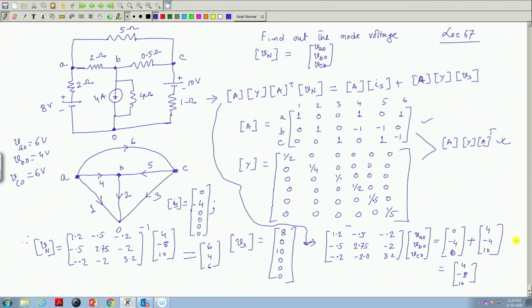This one should be 0, there is some correction you just see, 4, 0 and 10, this is okay. So, it will be 4 then minus 4 here, please make this correction and 10.